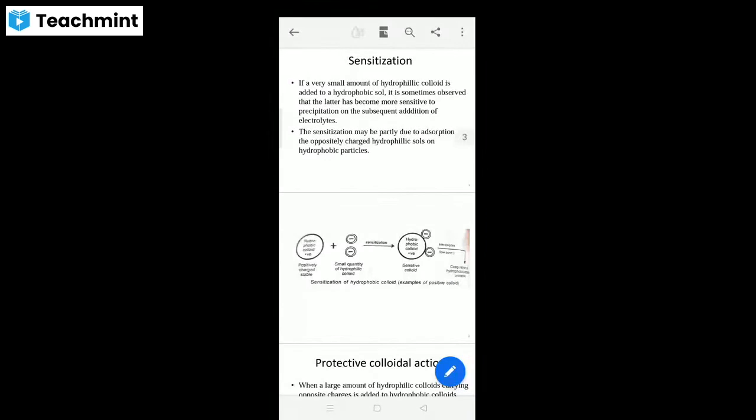It will happen according to the Schulze-Hardy rule. Application is here only. So the word sensitization comes into existence.